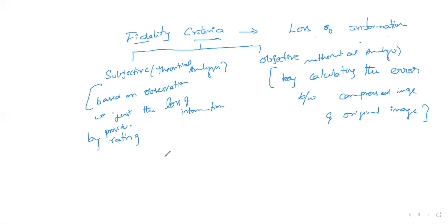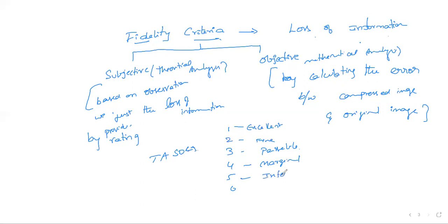In subjective criteria, we go according to TASO, the Television Industry Standard Organization, which gives some standard ratings from 1 to 6. 1 means excellent, 2 means fine, 3 means passable, 4 means marginal, 5 means inferior, 6 means unusable.